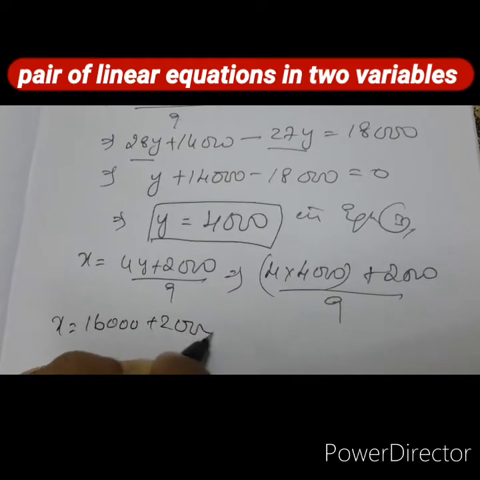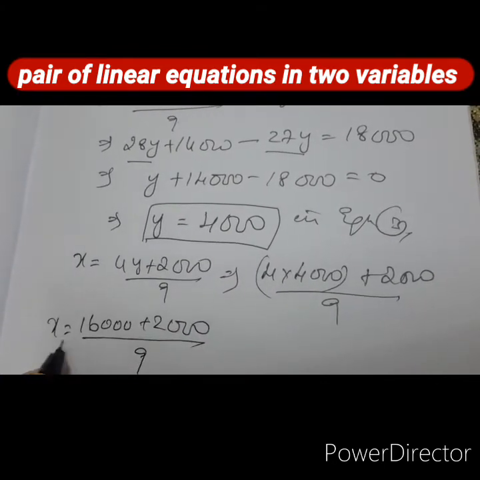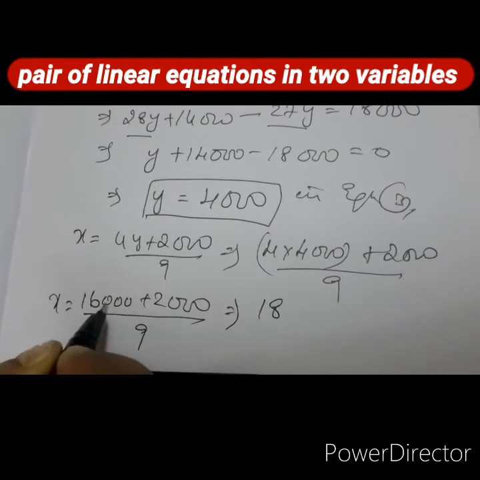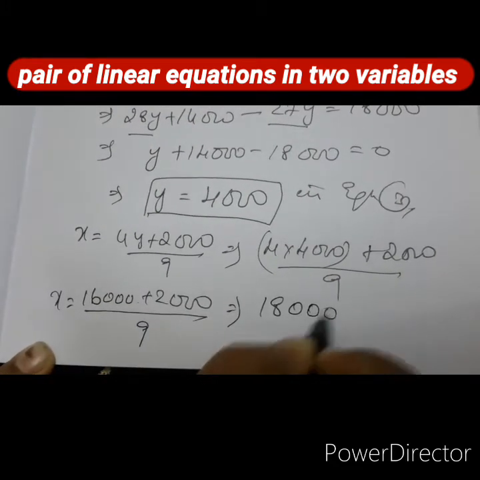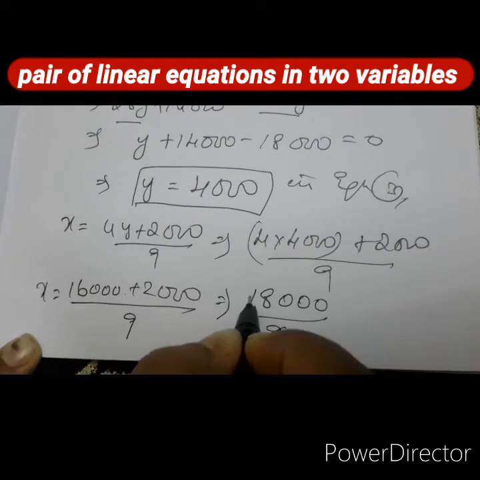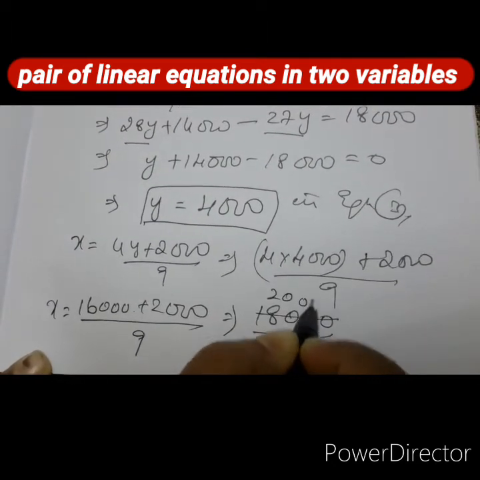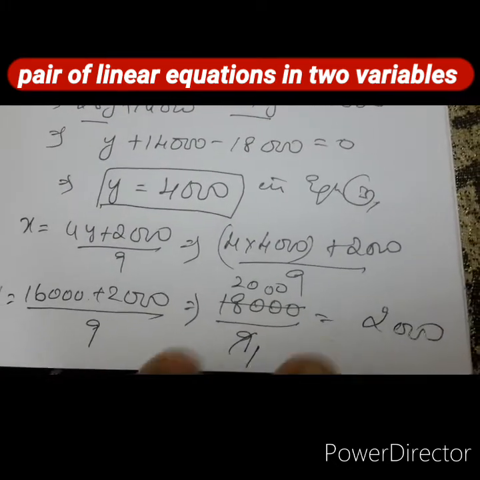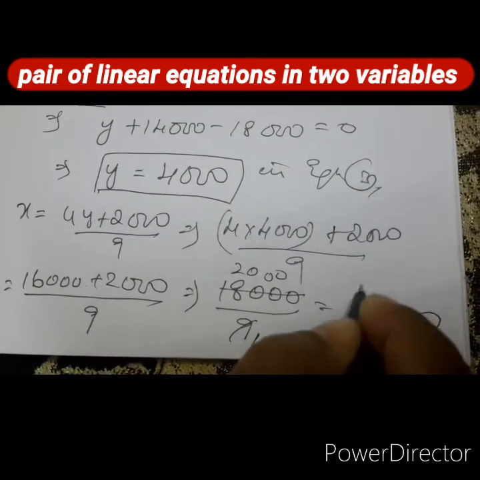Plus 2000, now you add: 18, with 3 zeros, divided by 9. 9 1s are 9, 9 2s are 18, so 2 and 3 zeros. Now the x value is 2000. Clear? We got the values for x and y, students.